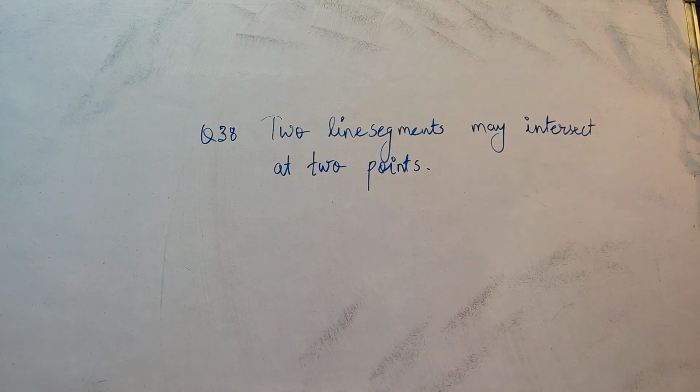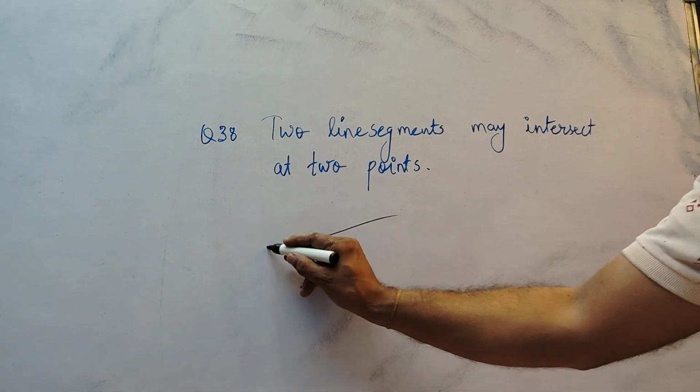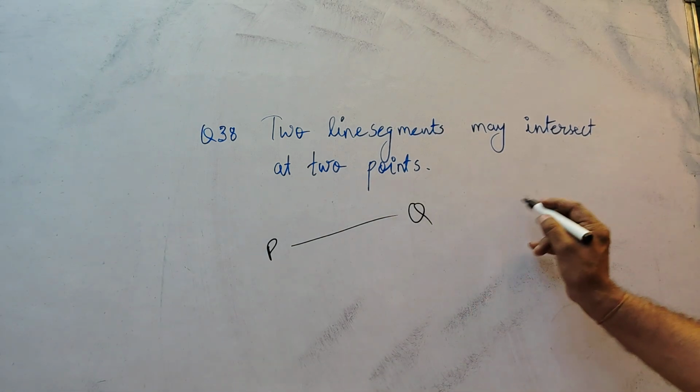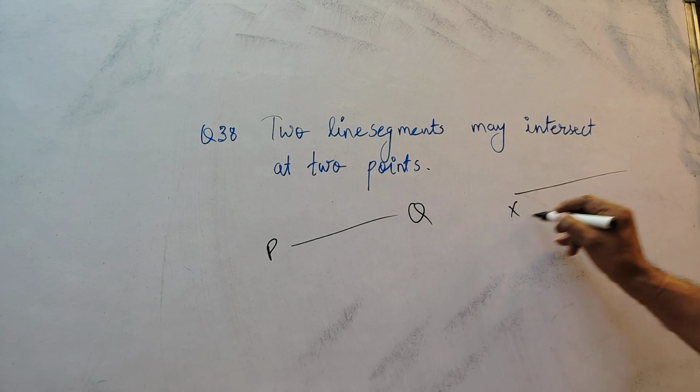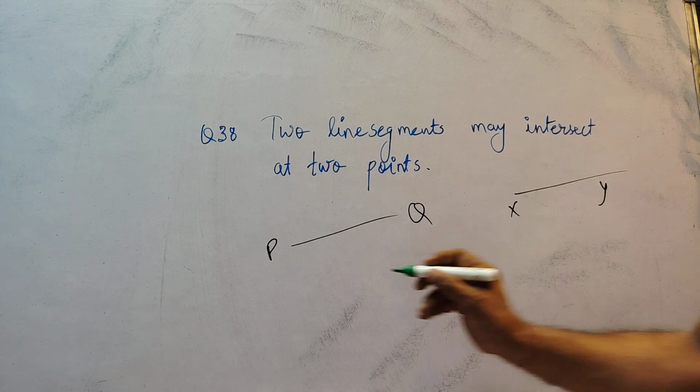Two line segments means two parts of a line. This is the first line segment, name it PQ, and another is, suppose, XY. If they intersect, then how many points are common? At how many points can they intersect?